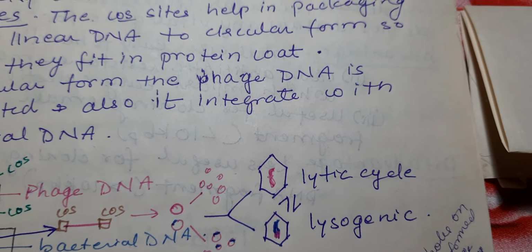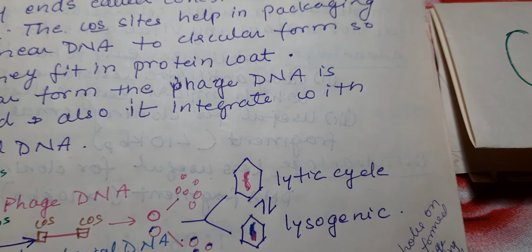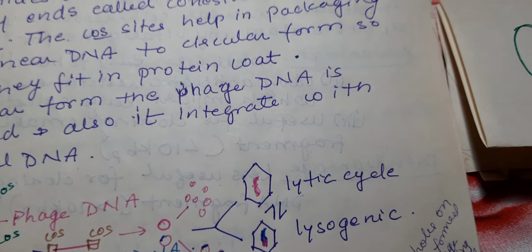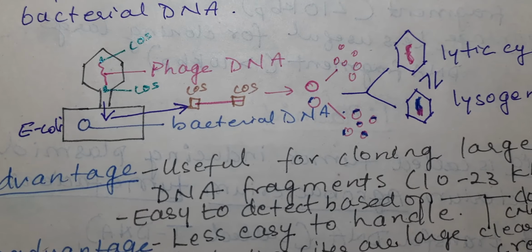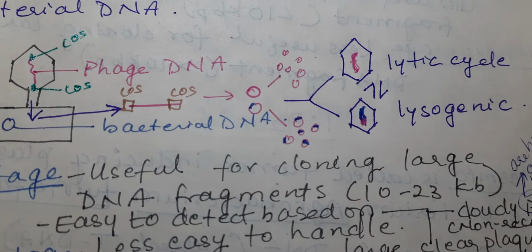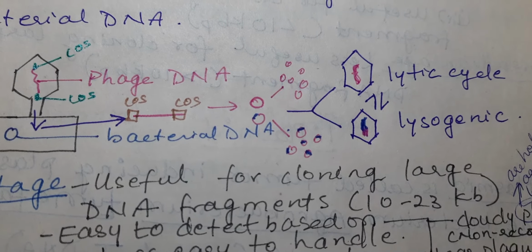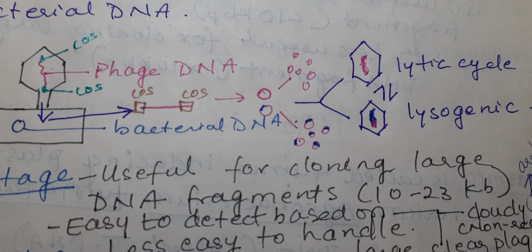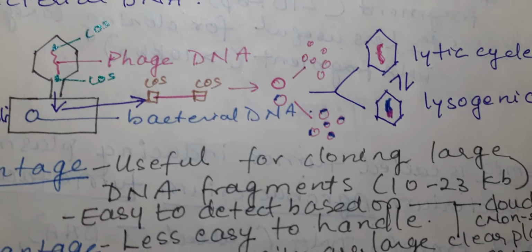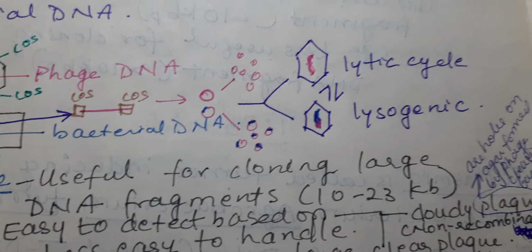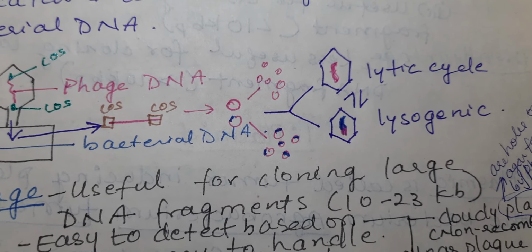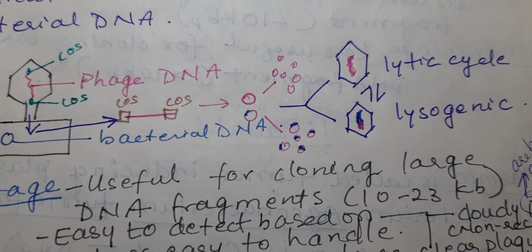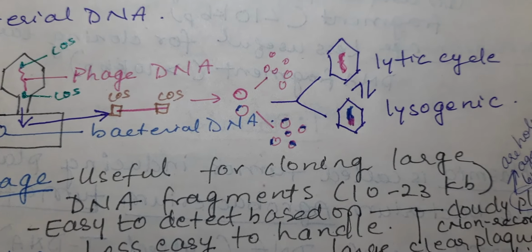Now, if you look at lambda phage used as a vector, what are the important advantages? It is useful for cloning large-size DNA, around 10 to 23 kilo base pair, and it is easy to detect based on the formation of plaques. When the virus grows on the agar plate, it forms holes known as plaques when it infects the bacteria.